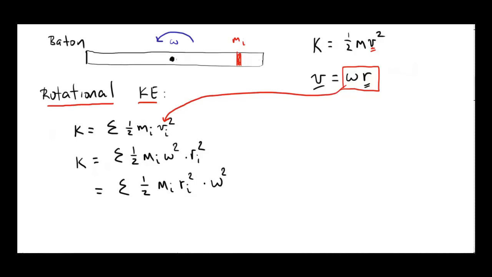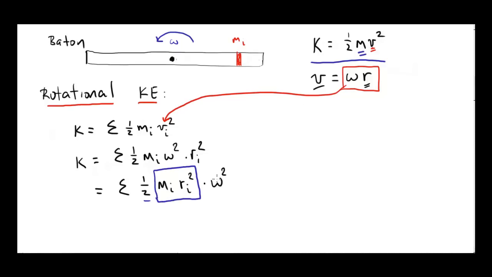And now I get something that looks kind of like our old kinetic energy equation. Here's my 1/2, same 1/2. And then I've got this thing right here, which looks like my m from up here.